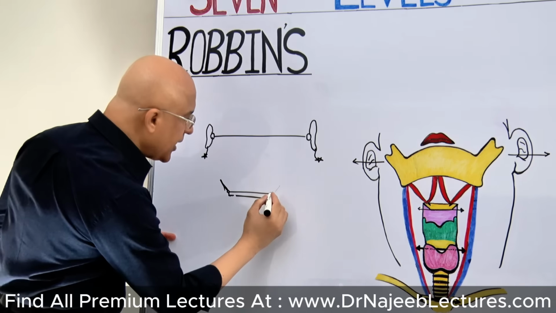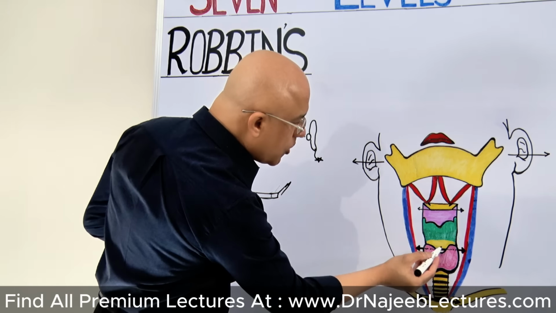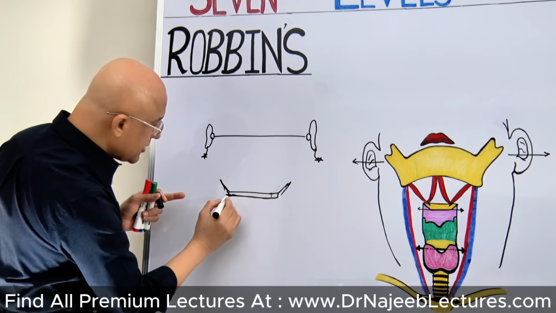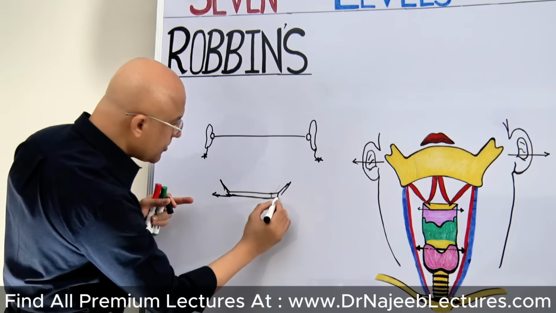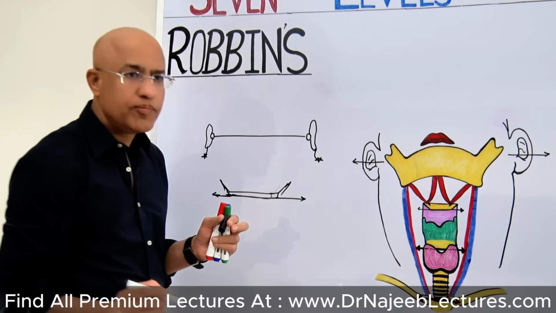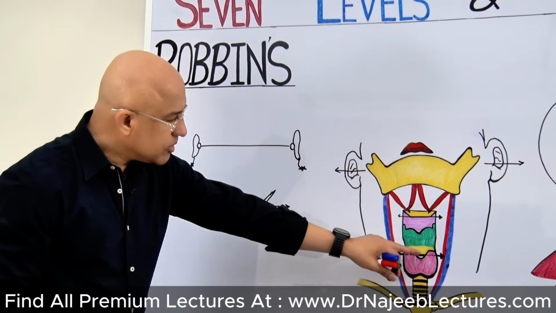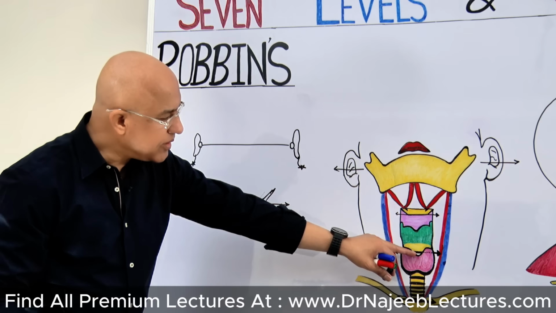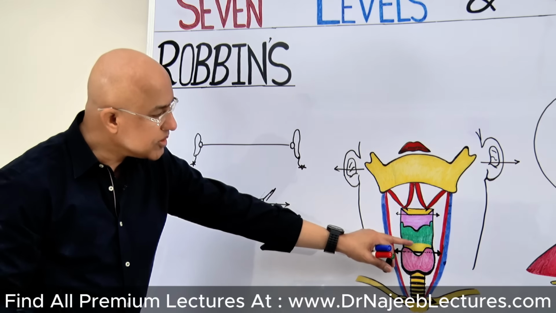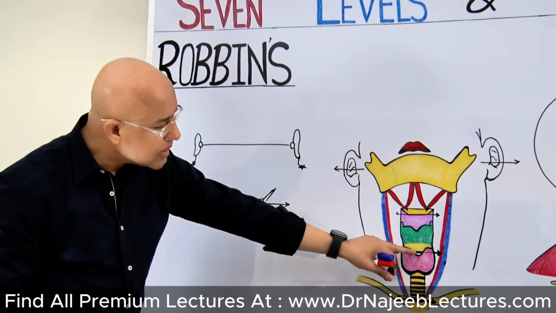And then the third landmark is, okay, the hyoid bone landmark is the inferior edge of the hyoid bone. Now the next is the cricoid cartilage. The cricoid cartilage is shown here in this diagram. It is just below the laryngeal cartilage, and there is a membrane between the laryngeal cartilage and the cricoid cartilage.